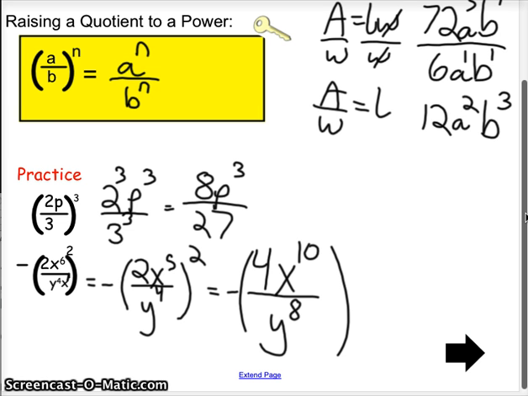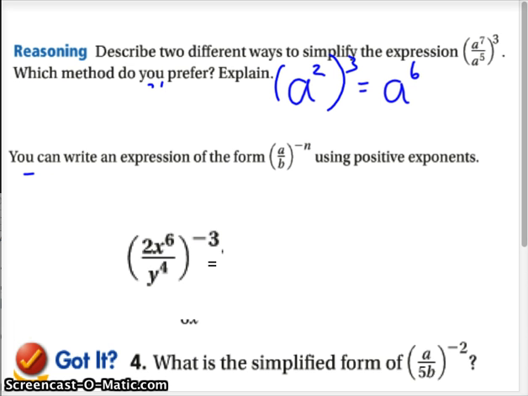All right, looking at our next one. Looking at this, it wants us to consider 2 different ways we can simplify that expression. In simplifying that expression, you saw what I just did. I cleaned up the inside a little bit first.